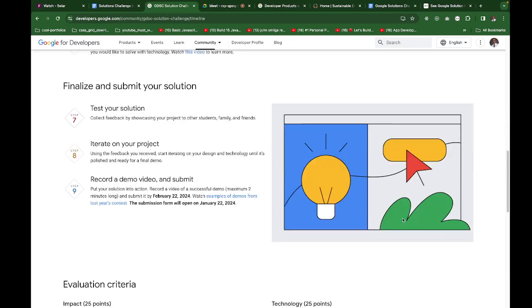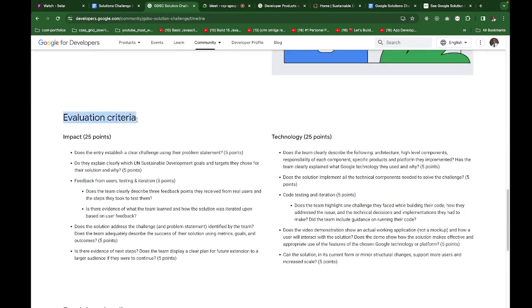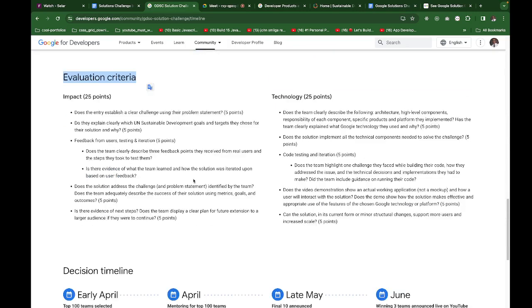In addition, there is an evaluation criteria, which is very, very important to note. I think it's a total of 50 points. The impact: your solution must have a major impact on society, and it must also be technology driven. Each of them comprises 25 points, so you would need to go through all of this.